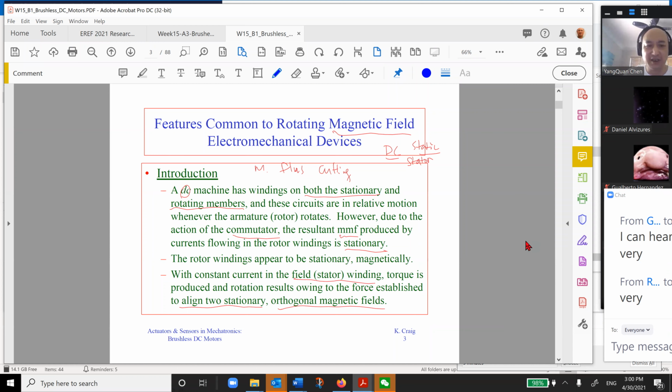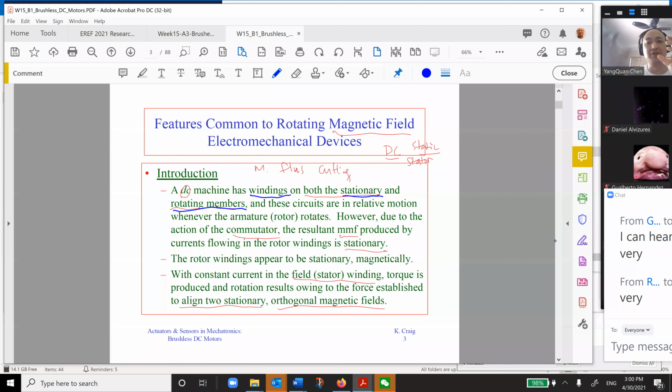So in a DC motor, we have a static stator, and also there's a rotator. A DC machine has windings on both stationary and rotational members.